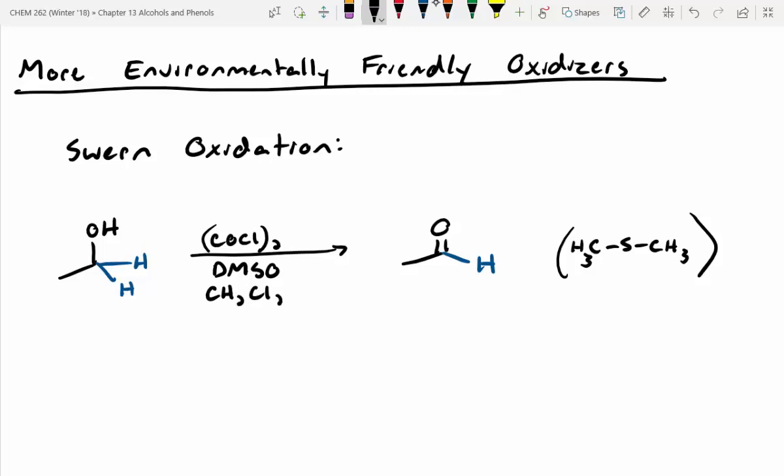You normally run this in dichloromethane and it needs to be run incredibly cold. So oftentimes they'll run this reaction in a dry ice acetone bath. Like I said, it's a very stinky reaction. It's a little hard to carry out because you have to keep it super duper cold, but it works really well because you're not exposing yourself to these horrible chromium metals. So that's one of the more modern ones. So again, this stops at the aldehyde.